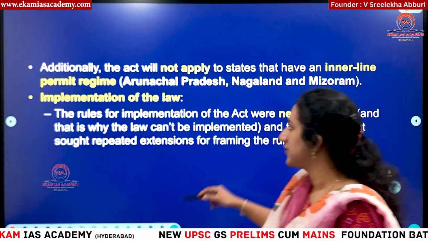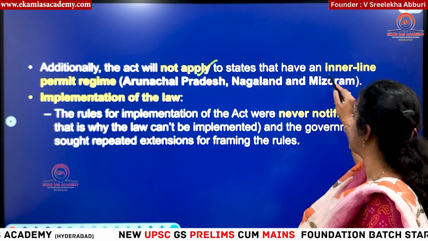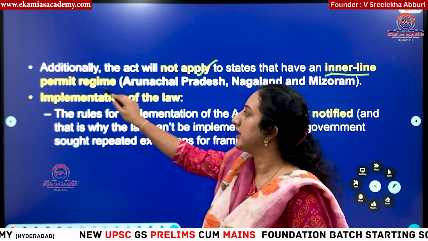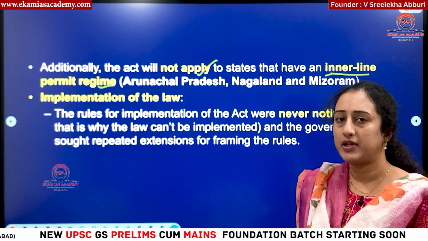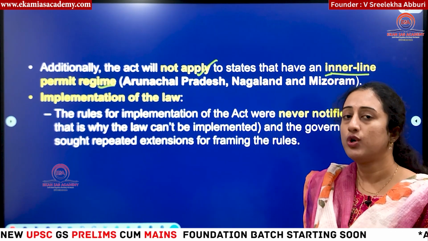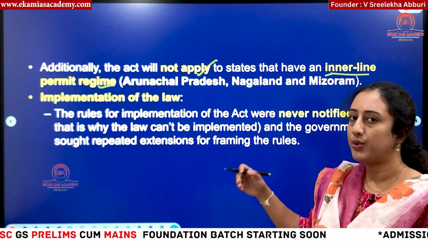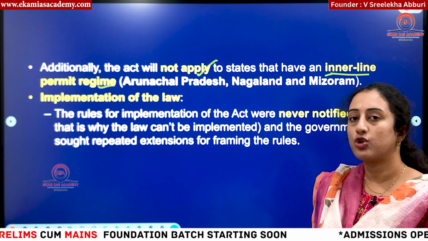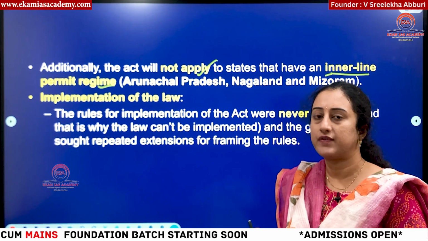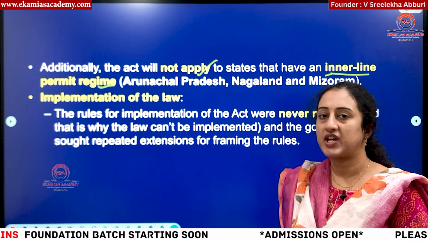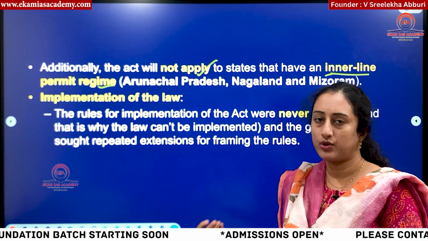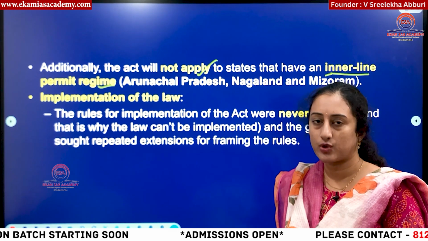Then, additionally, it will also not apply to those areas which have the inner line permit. What is the inner line permit? Inner line permit means if you want to enter these areas, you have to take additional permission. Even if we are Indian citizens, we have to take permission and state the reasons why we are going to enter these areas and how many days we are going to reside.